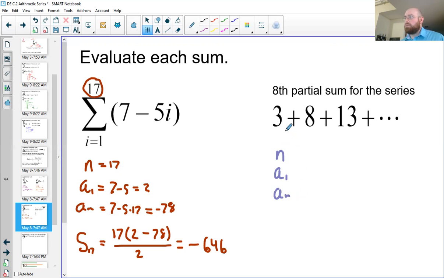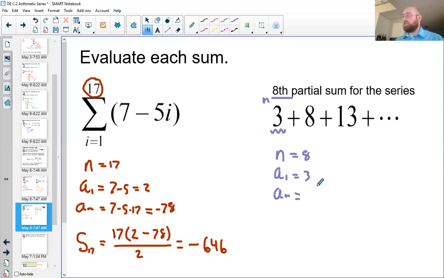So we know that n is 8. We know that our first term is 3. We don't know our 8th term.